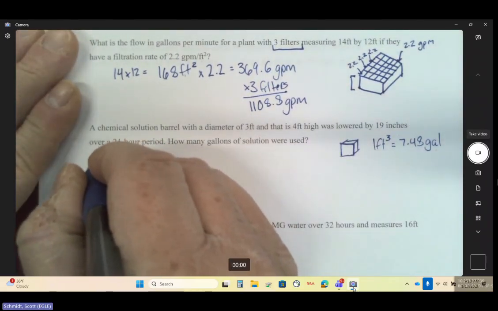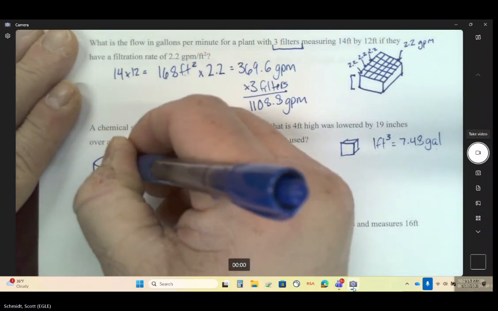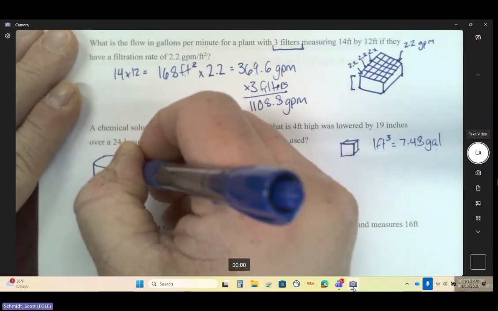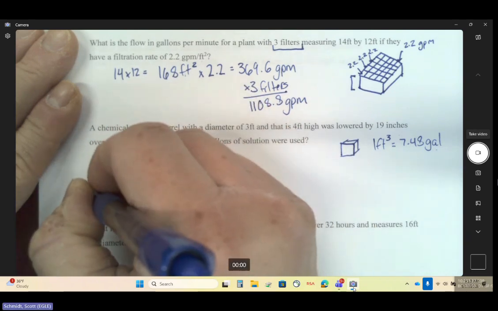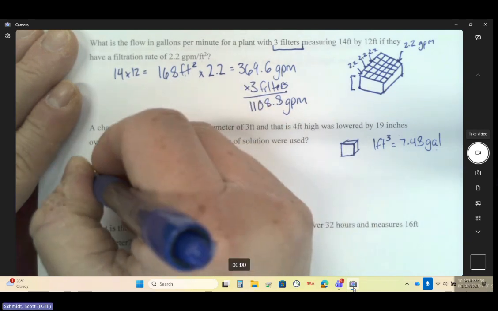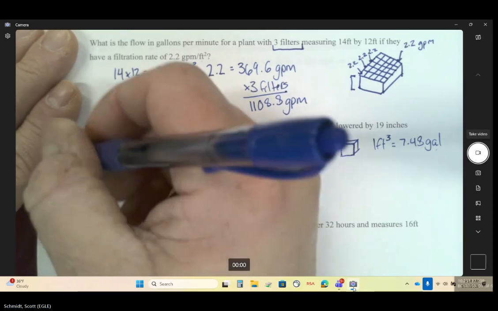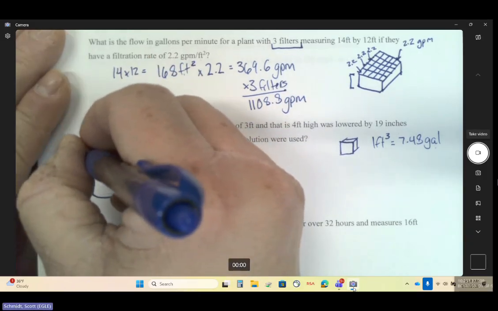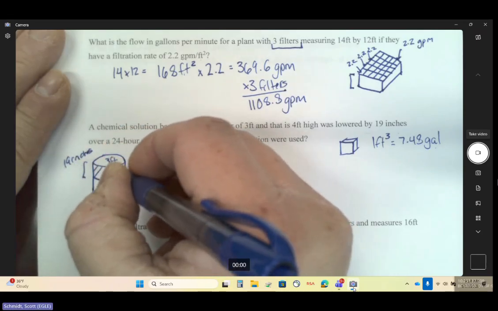So thinking about this question, it's something like this, right? It's saying it's 4 feet high and 3 feet in diameter. But what I do know is that it dropped 19 inches. So this is what's all empty in the barrel now.